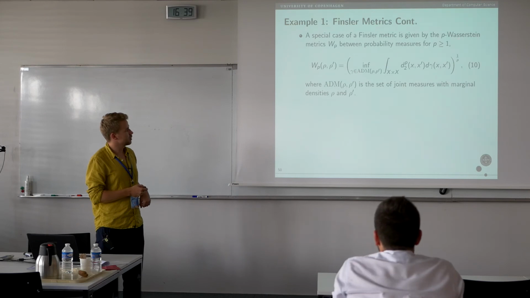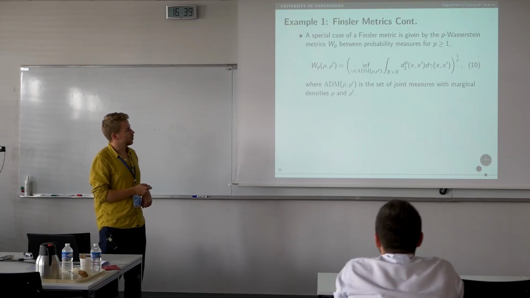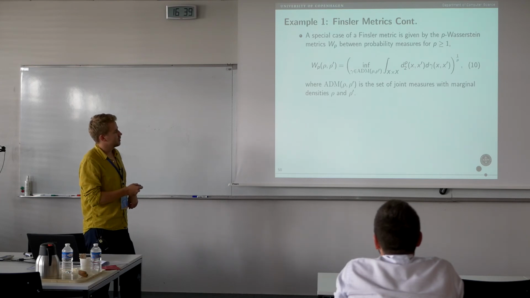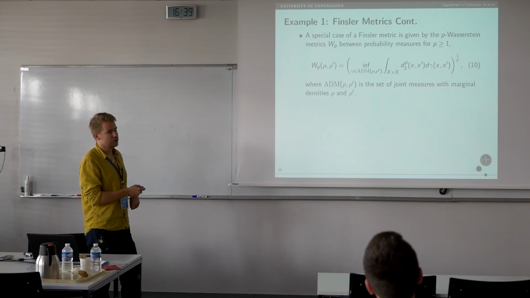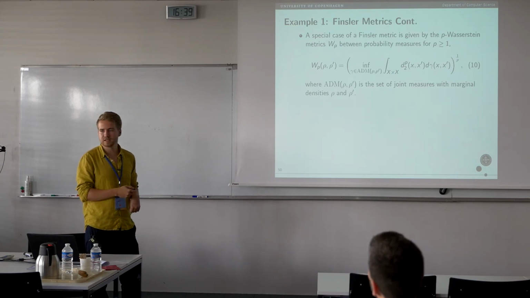The p-Wasserstein metric is defined by this optimal transport problem, where you are looking for the joint distributions with first marginal rho and second marginal rho prime, and then you want to minimize the expectation of the p-th power of the distance function.